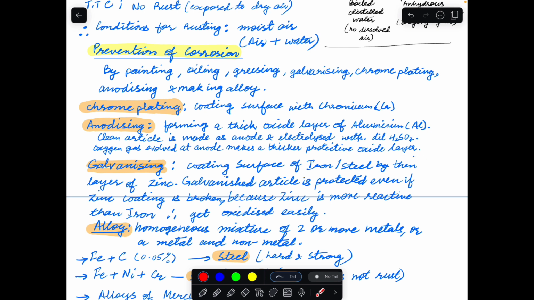So anodizing is the process of forming a thick layer of oxide of aluminium. Okay, next is galvanizing.